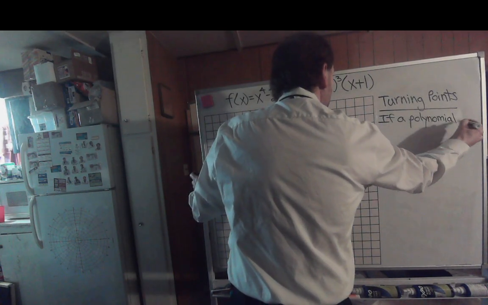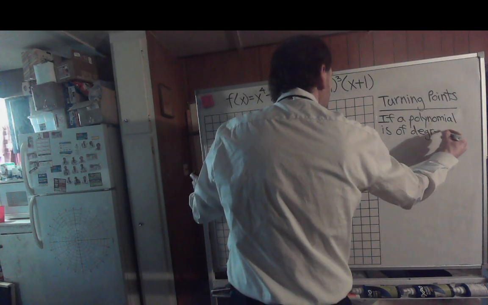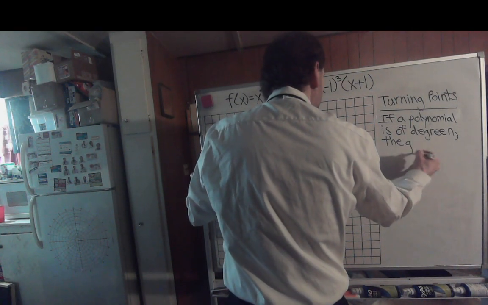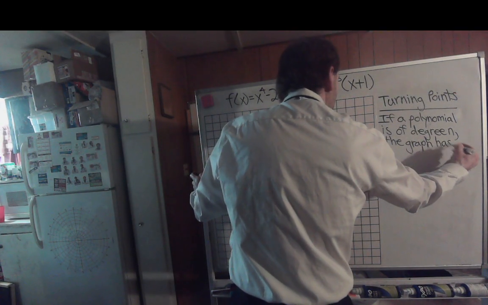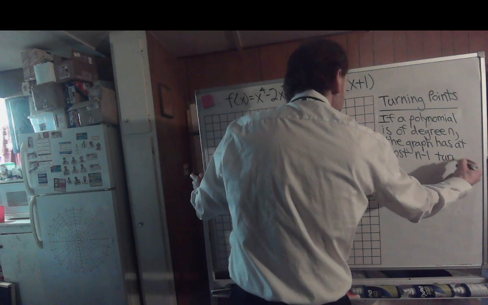If a polynomial is of degree n, the graph has at most n minus 1 turning points.